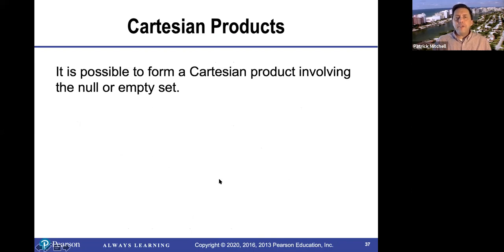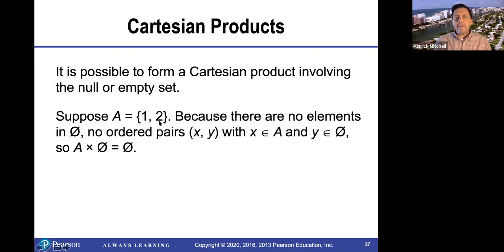It is possible to form a Cartesian product involving the empty set. Suppose A is the set containing 1 and 2. Because there are no elements in the empty set, there would be no ordered pairs (x, y) with x belonging to A and y belonging to the empty set. So if you try to take the Cartesian product of a set with the empty set, you just get the empty set.